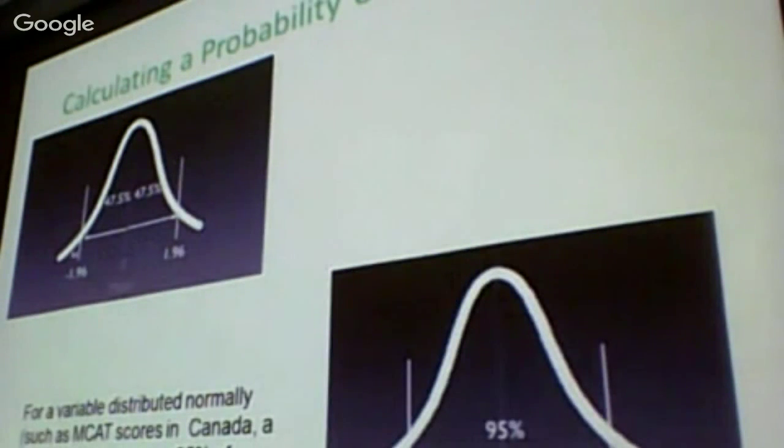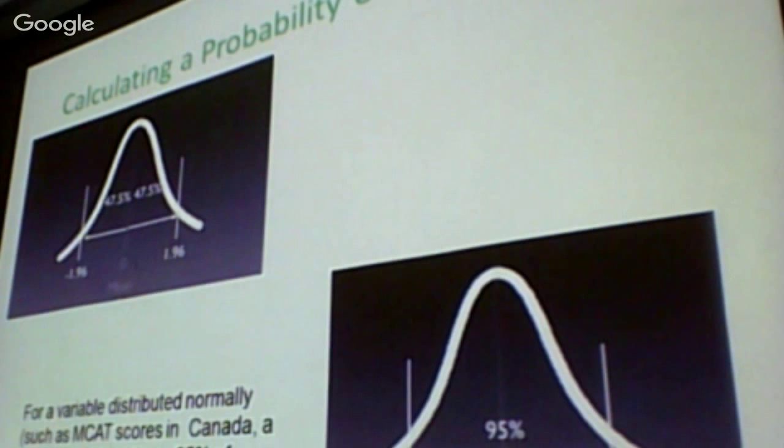So we like 1.96. It comes up a lot in statistics because 1.96 standard deviations or a z-score of 1.96 or a standard score of 1.96, they all mean the same thing. 1.96 standard deviations in either direction from the mean gives me exactly 95% of all the respondents.